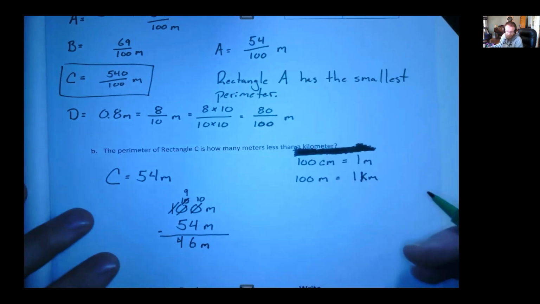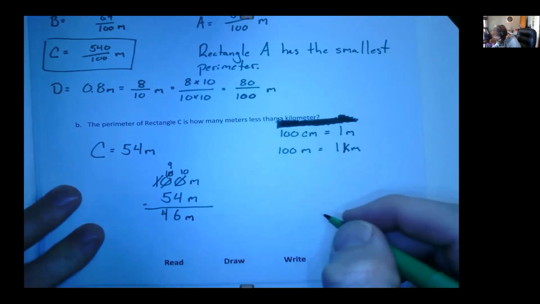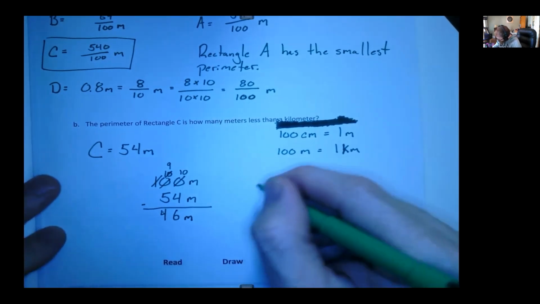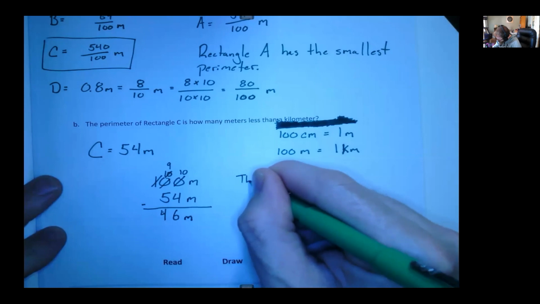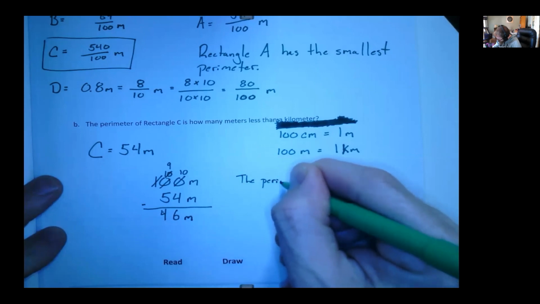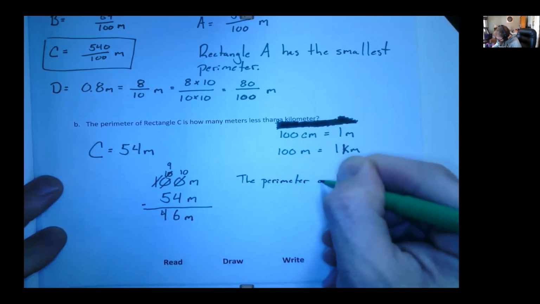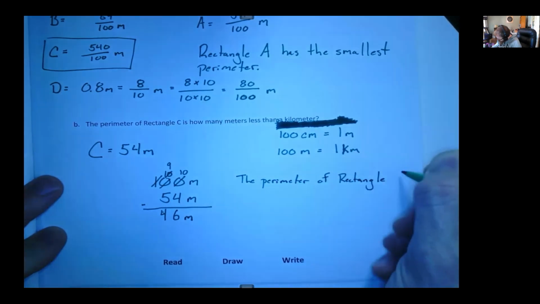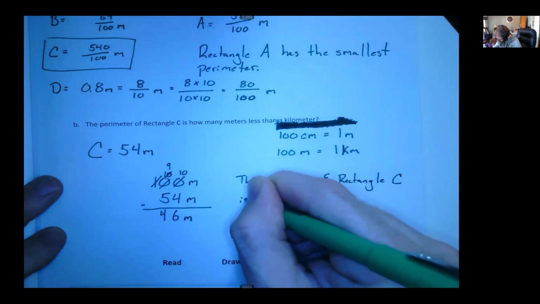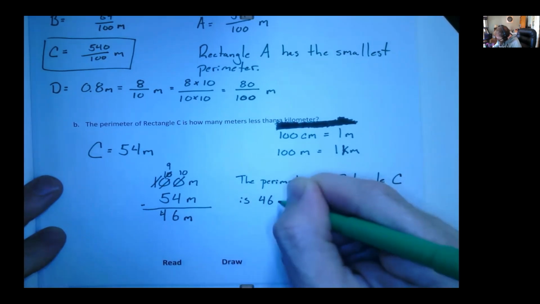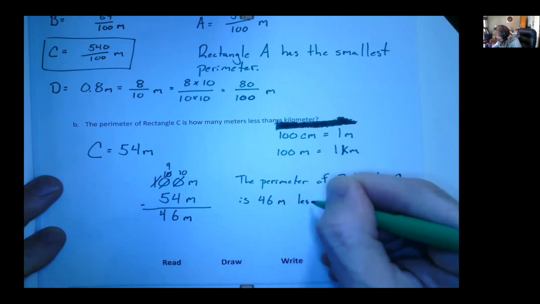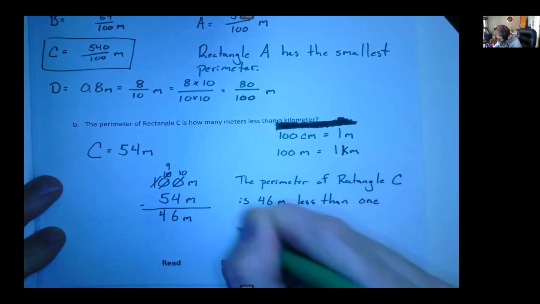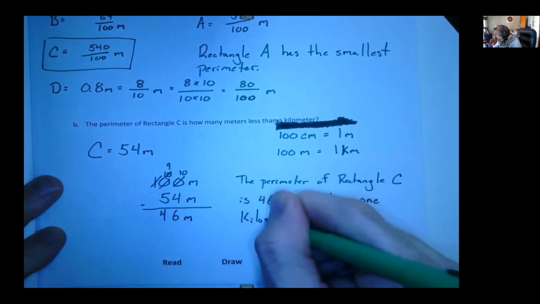Written as a sentence, that will say that rectangle C, or it should actually say the perimeter of rectangle C, is 46 meters less than 1 kilometer.